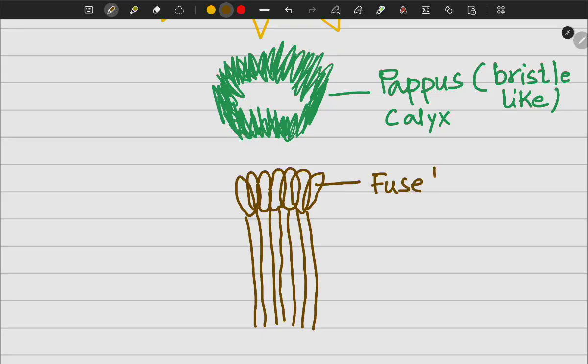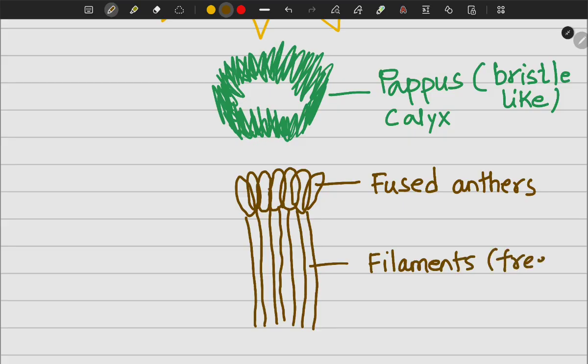These are fused anthers, and these are their filaments which are free. So this type of condition is called syngenesious. So in disc florets, the stamens are syngenesious. I hope the term is clear and the diagram is also clear.